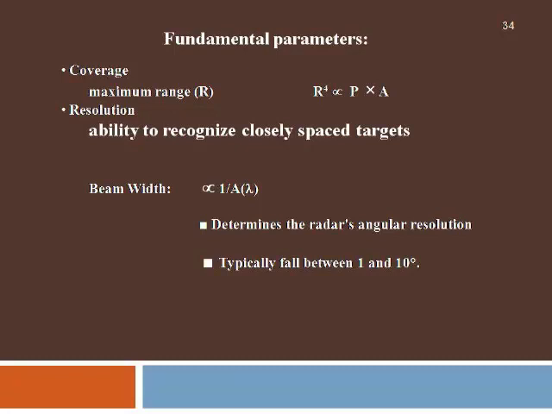So if we can use a large antenna, the beam width is going to be small and the resolution is going to be very high. And the resolution we require will be in the range of 1 to 10 degrees.